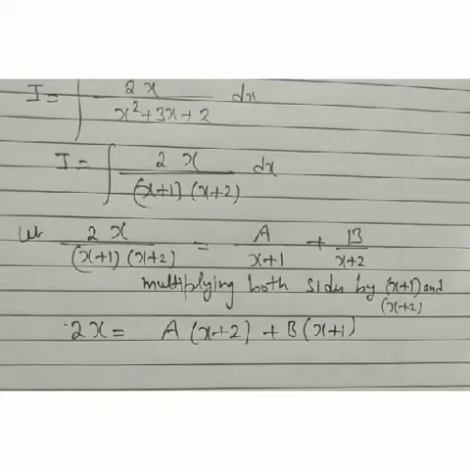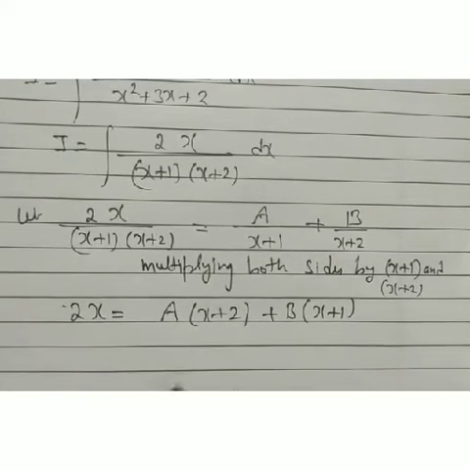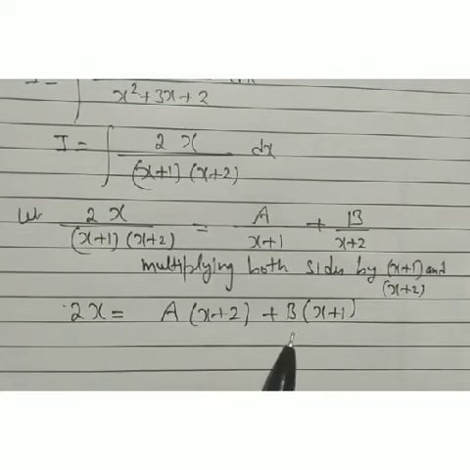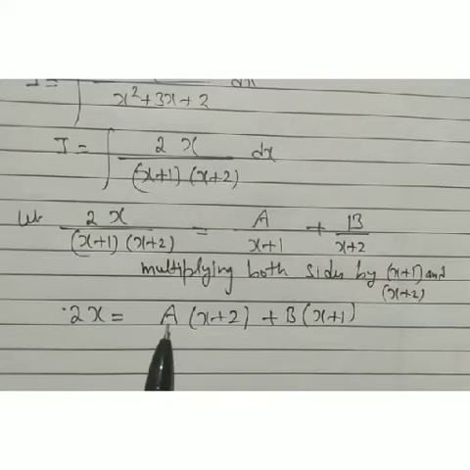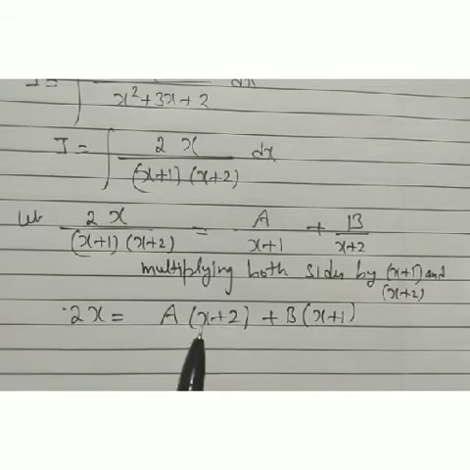Now look, to get the values of A and B, there are two procedures. We multiply out: Ax plus 2A plus Bx plus B. Then we take the terms in x together and the constants in another bracket.